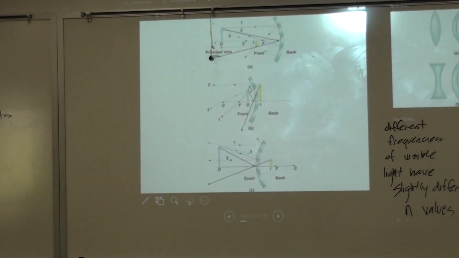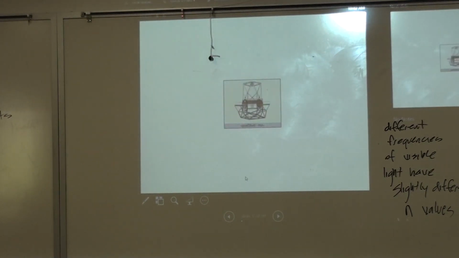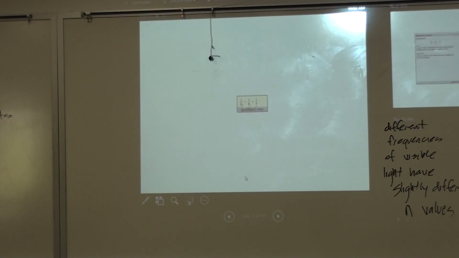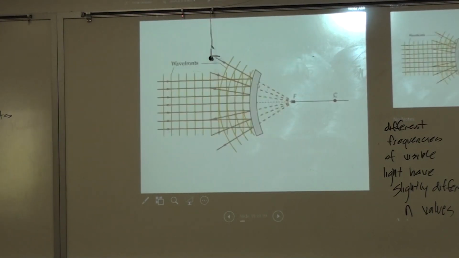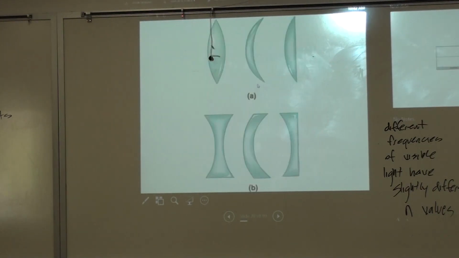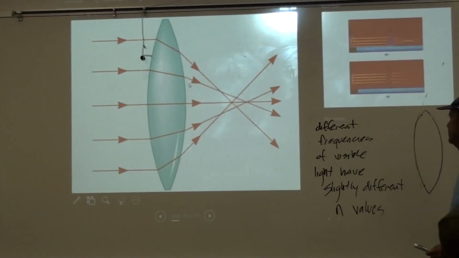And this, by the way, is the whole thing that Isaac Newton did. With a prism, you can get different colors of light coming out of a prism because different frequencies have slightly different indices.